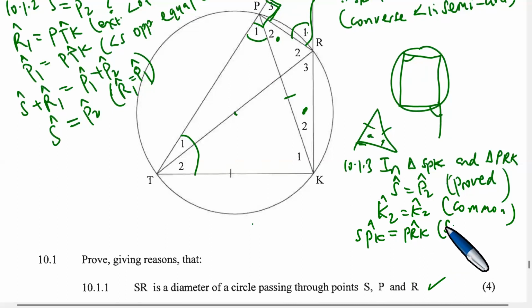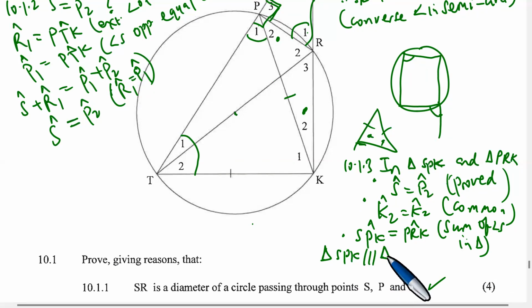Which is the sum of angles in a triangle. So now we have the three angles here. This one and that one are equal in the respective triangles. So that means therefore SPK is actually similar to triangle PRK.